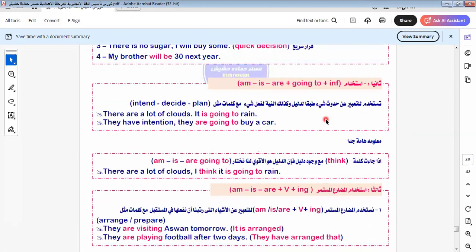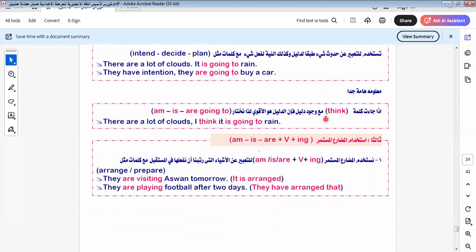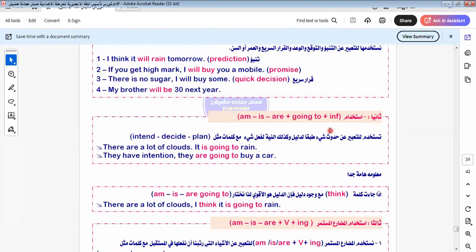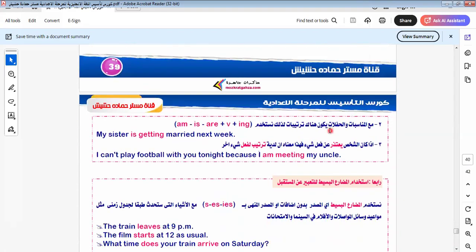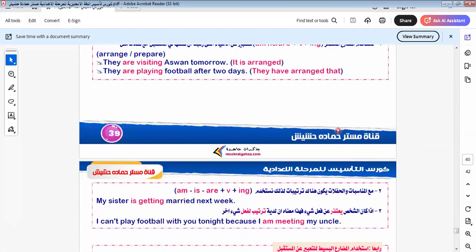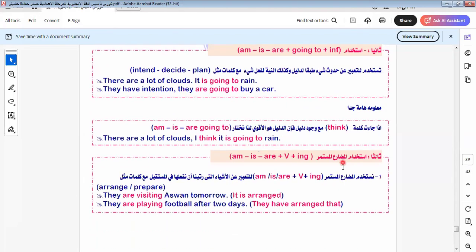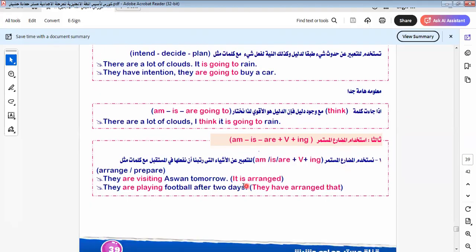It will be next, tomorrow, any year in the future. All these words express the future form. So I will revise the words that express future: tomorrow, next, any year in the future.